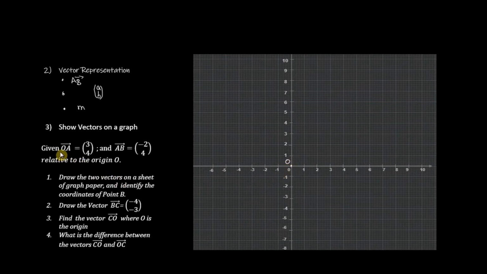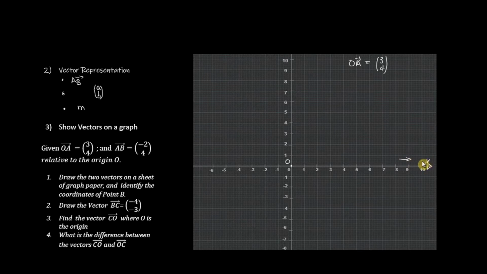So I have the first vector, and if you remember our representation of the vector, OA. Let's write it down here, and we say it is (3, 4). Recall that for our coordinate geometry, if we go in the positive x direction, we are going to the right.